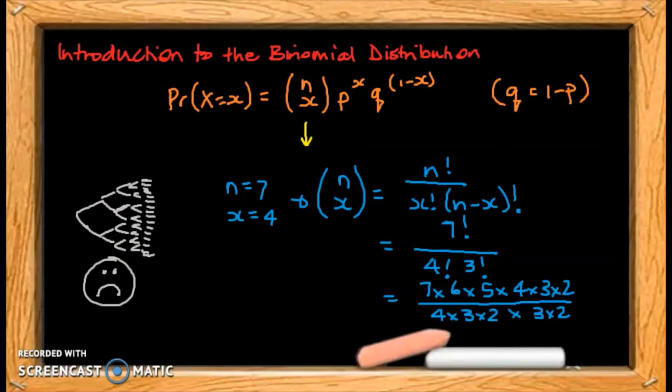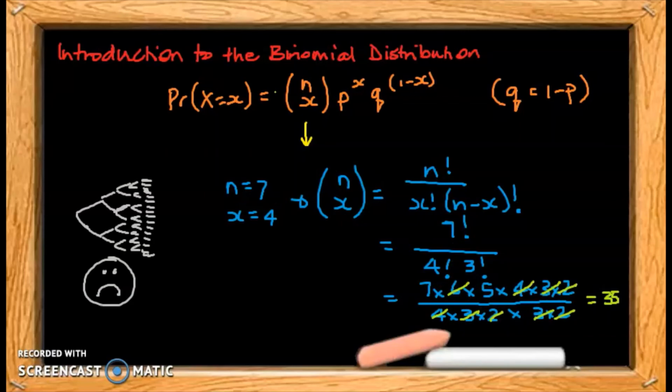But now what happens is we get a whole lot of cancelling that we can do. We've got 4, 3 and 2 in the denominator that we can cancel with 4, 3 and 2 in the numerator. We've also got 3 times 2, which equals 6, which I can get rid of that 6 there. And the whole lot equals 35. And you can see how quickly we can have this fraction reduced down to a simple number.